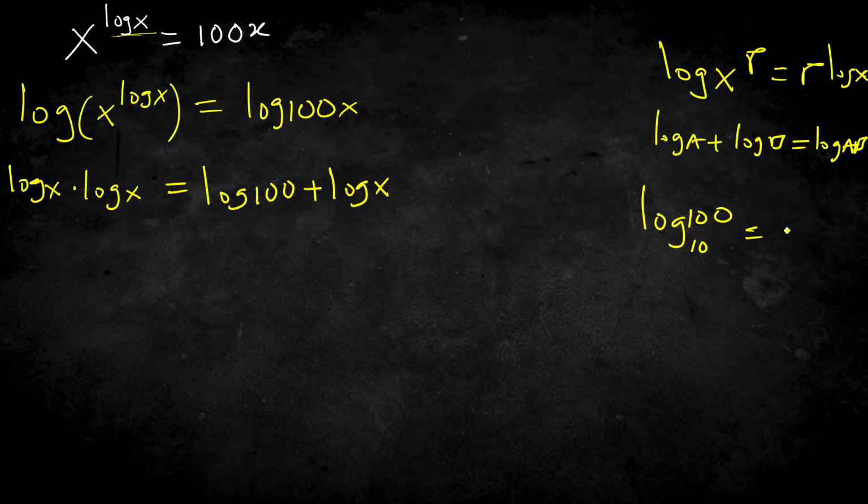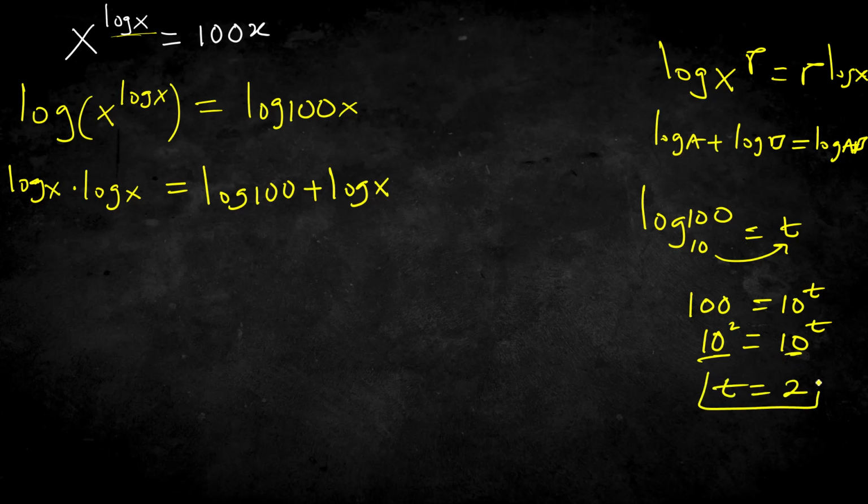We have two ways. You can let a variable be t, and raise 10 to it. That will be 100 equals 10 to the power t. So we have 10 to the power 2 equals 10 to the power t. The bases are equal, so t is 2. Or we can say log 100 is the same as log of 10 to the power 2 to base 10.